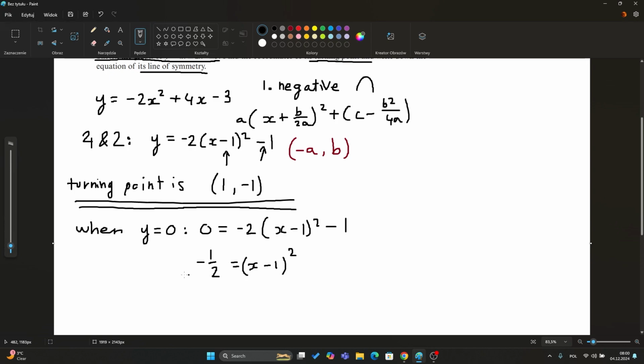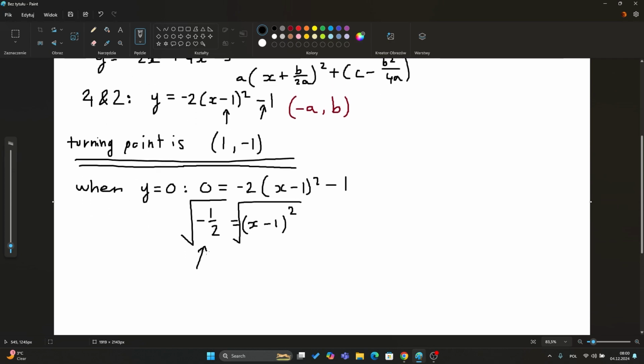And here, if we square root both sides, we see that there's no solutions to this equation, because there's no way that we can do an expression like this because of negative square root. Now this means that there are no roots or solutions, meaning that the graph is not touching the x-axis.